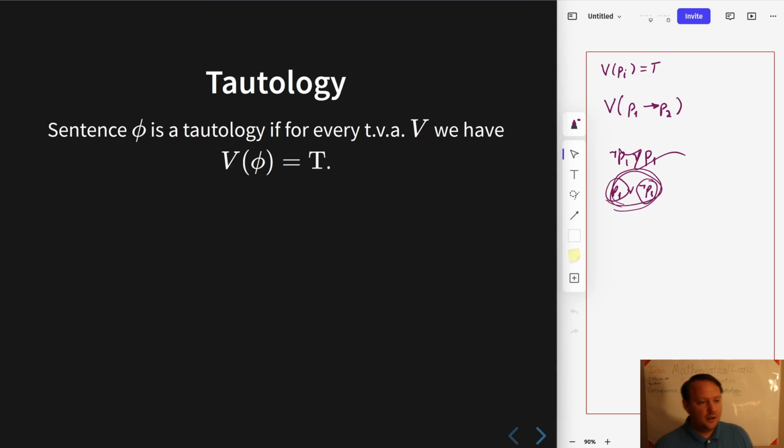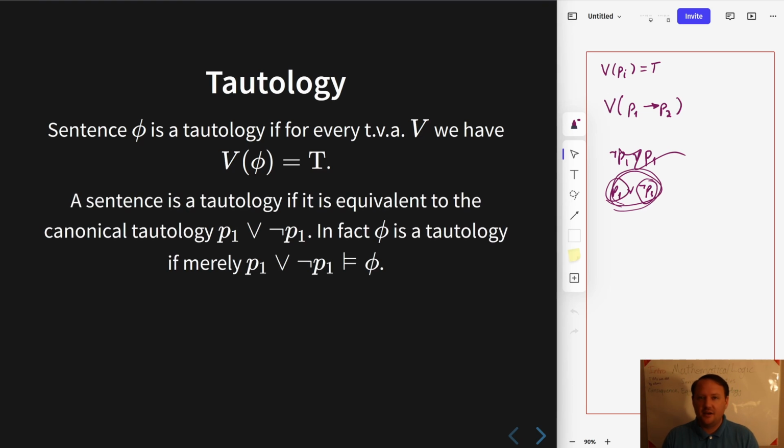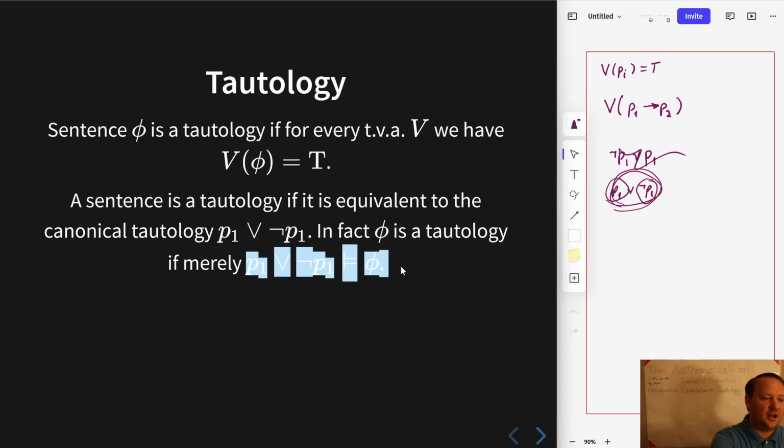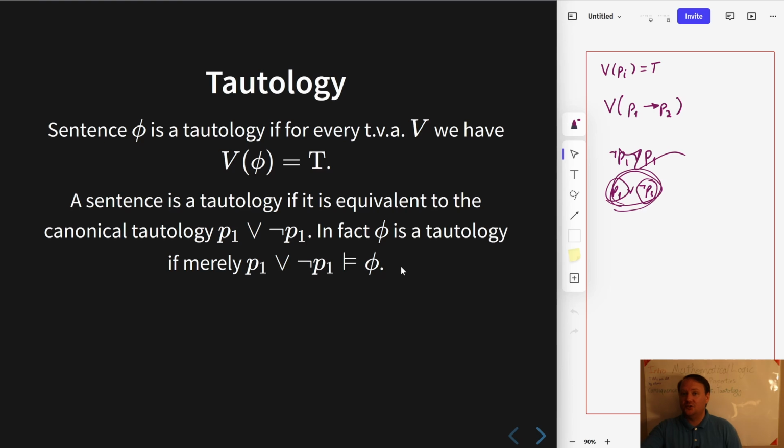But in any case, just as the book has one definition, it's nice to see another definition stated in terms of language that we already have. We could say that a sentence is a tautology if and only if it is equivalent to the canonical tautology. So all tautologies are equivalent to each other, and in particular, we could take them to all be equivalent to the canonical one. In fact, we don't even need total equivalence, because it is actually enough if the canonical tautology entails our sentence.